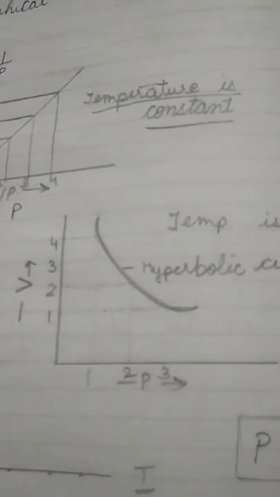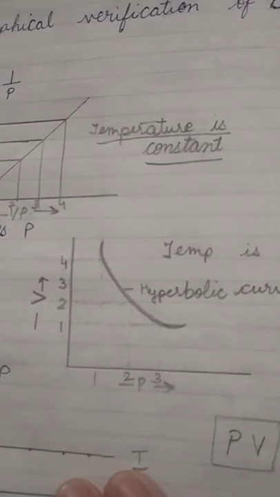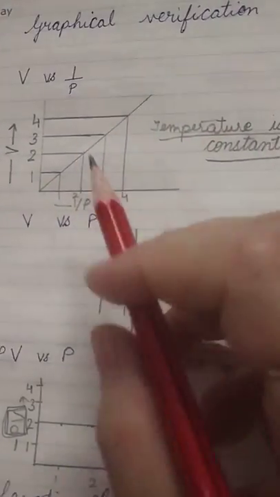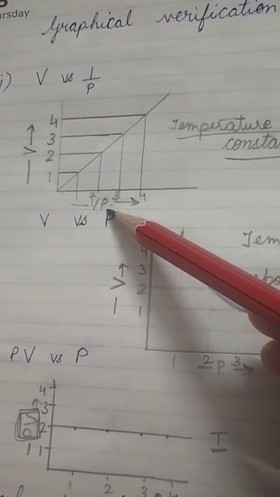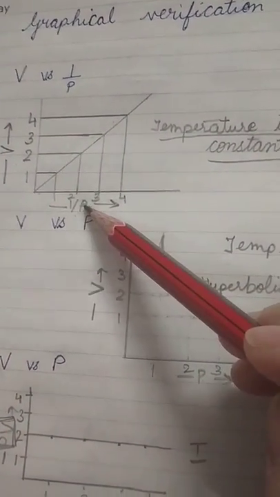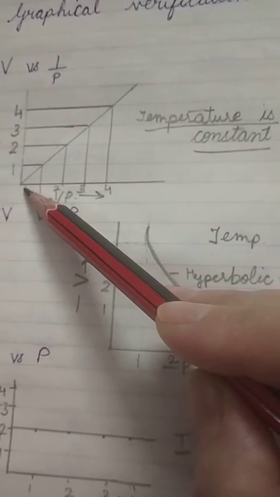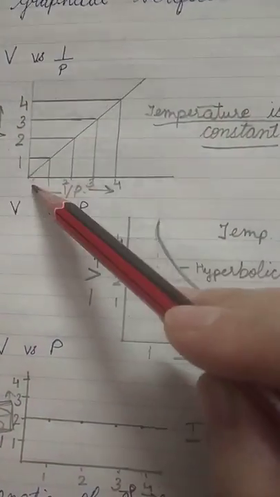Now how can we graphically verify this Boyle's law? The first graph we will be seeing is volume versus 1 upon P, that is 1 by pressure. We are getting a straight line.